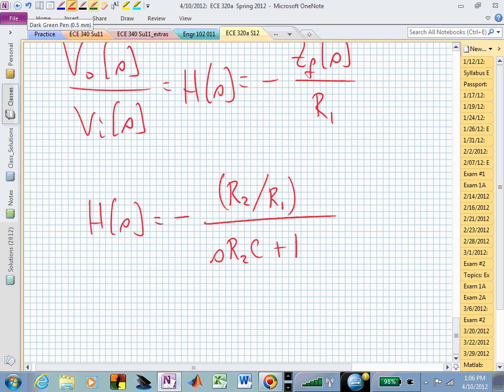But what do I have now? From that simple op-amp circuit, you've now created a filter. What kind of a filter is this? If you had to describe it, is it a low pass? Is it a band pass? Is it a band reject? Is it a high pass? It's a frequency selective filter.